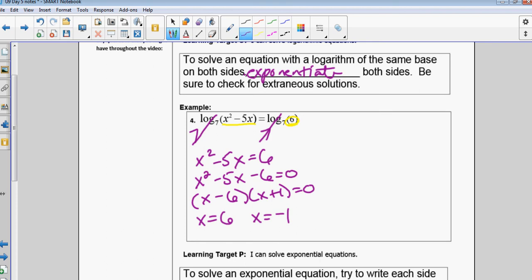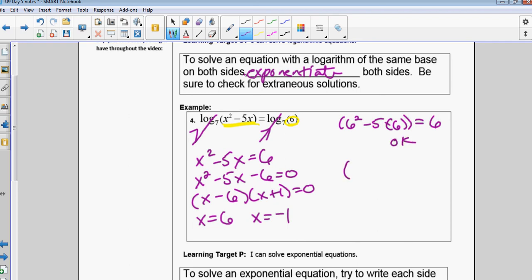And also, it cannot be less than 0. So let's look at, on the left side here, x squared minus 5x. We want this to be a positive number. So I'm going to put 6 into x squared minus 5x. If I do 6 squared minus 5 times 6, I get a positive 6, so that's okay.